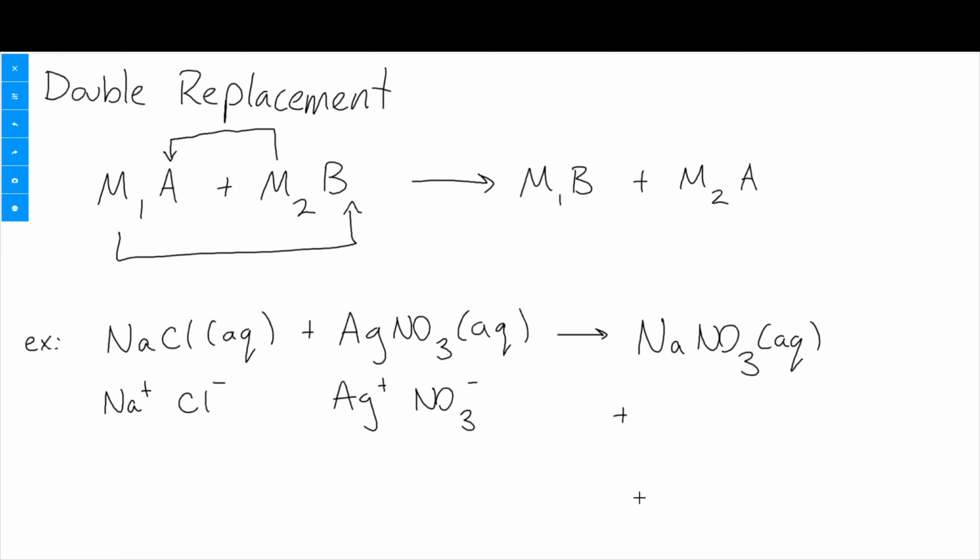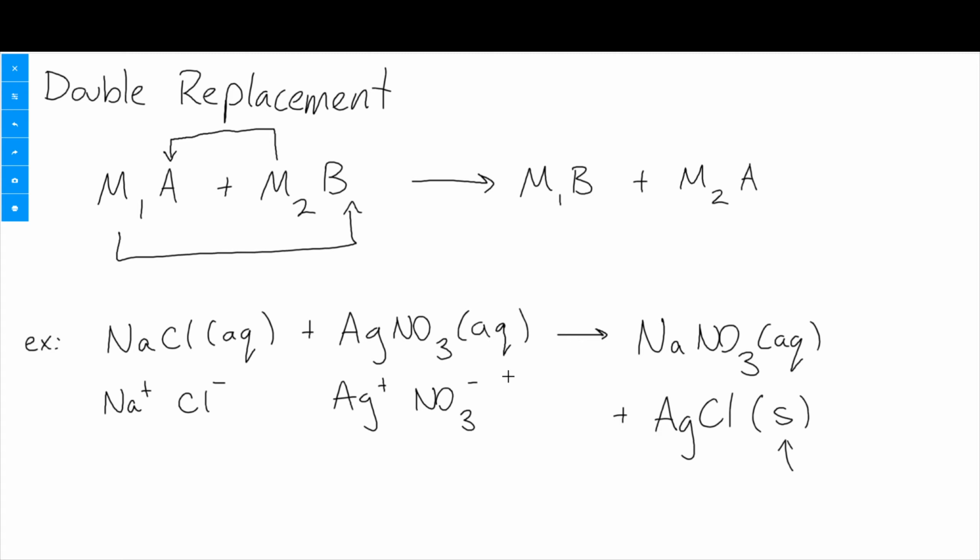And silver and chloride are going to combine together, and you're going to get that. Now, I'm going to be writing solid here because in these kinds of reactions, we have to pay attention to the state that the salt is going to be in. In most cases, what we're going to be doing is mixing together solutions, that is, dissolved salts.